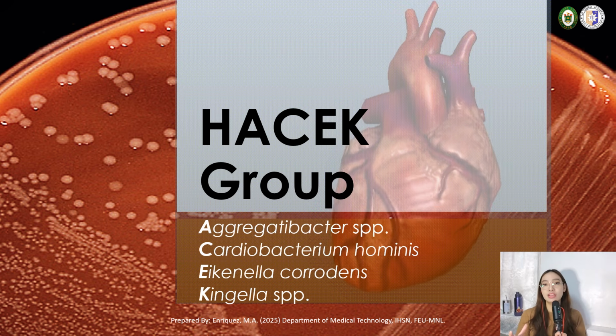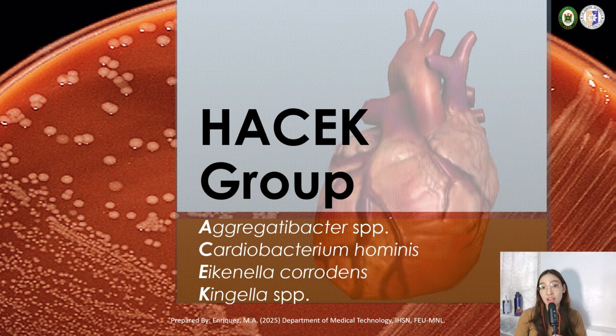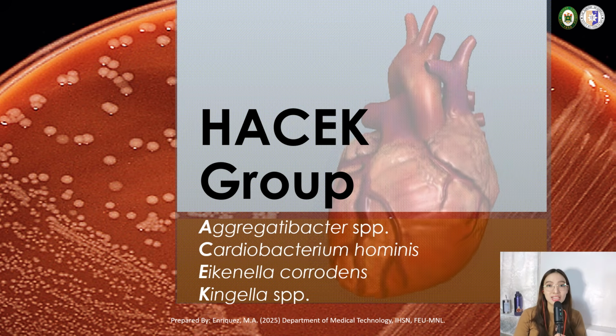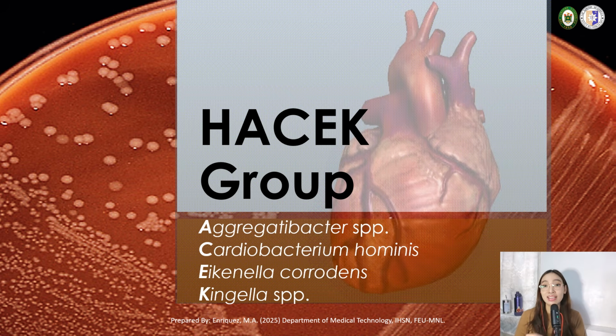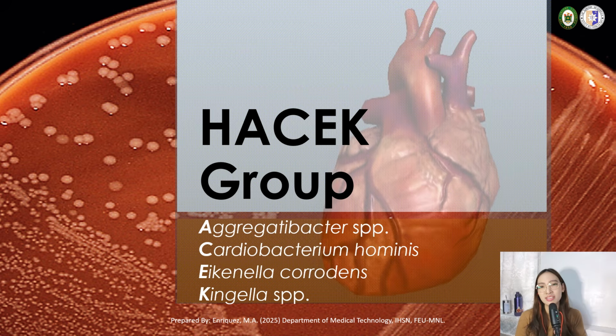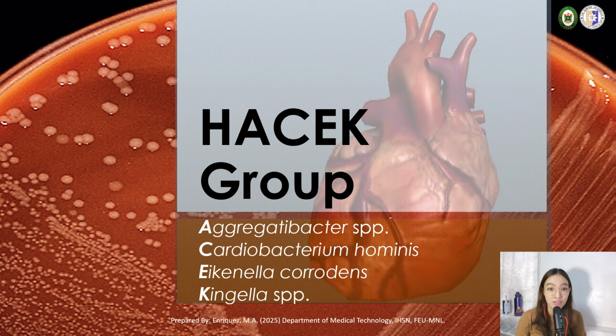All HACEK organisms are opportunistic pathogens, which means they require an immunocompromised host, and they're significantly implicated in cases of endocarditis, particularly in patients with an underlying heart disease or prosthetic heart valves.